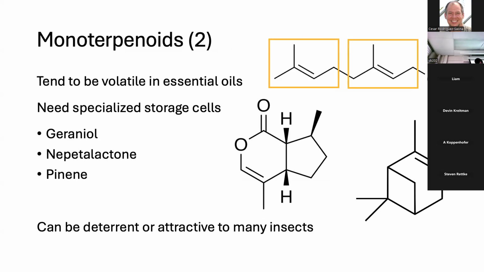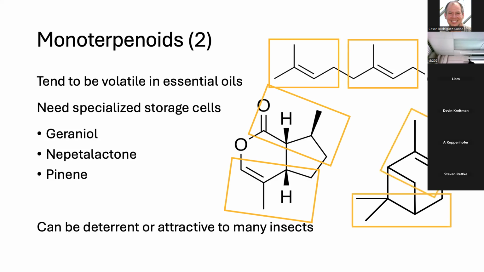That's a good thing. Which one do you want to do? 1, 2, 3. So we see this isoprene unit here. Looks just like this, exactly the same, right? And then another one on top. And for this one, we have the same situation, right? So if you ever see a compound like this, you're like, that's a monoterpene or a monoterpenoid.